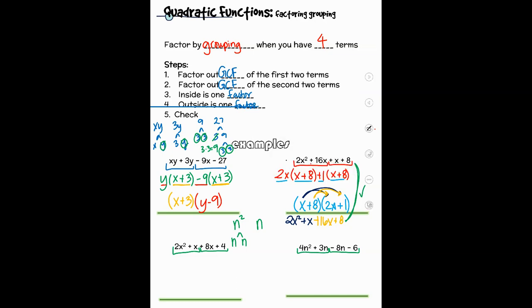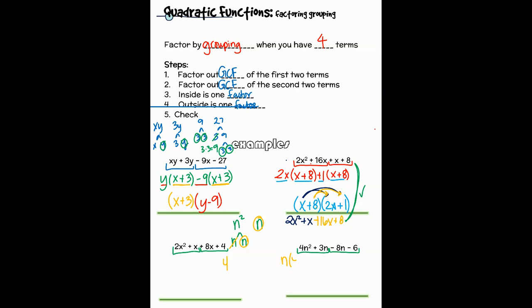So what's our greatest common factor here? Well, there's one n here and one n here. There's this n, but it doesn't match up with another n. So that means that our greatest common factor here is just our variable of n. I'm going to do this on the side too. What I'm saying in words is what I'm doing in my head.